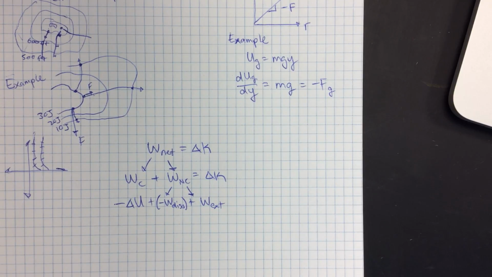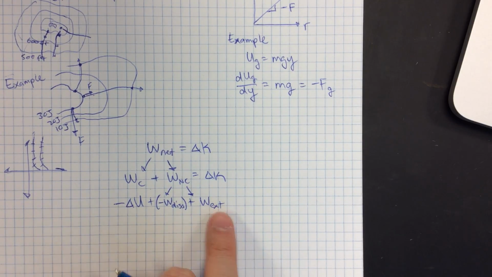Turns out that in the universe there really aren't that many different kinds of forces. For example, things that fall under external forces would be like tension, normal force. They're not dissipative forces. They don't transform mechanical energy into thermal energy.